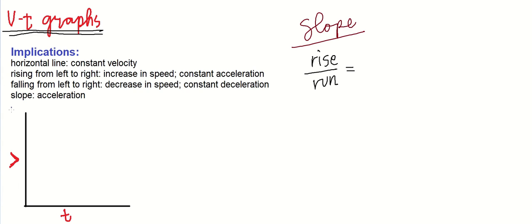Let me label this one first. So we have y, and then we have here the x. Tapos lagyan din natin ng graph mamaya. Okay, say we have this kind of graph. And also, oftentimes, there is a unit here, sige, lagyan lang muna natin ng meter per second, and then we have here for time, second. Syempre, if naka-meter per second si velocity, dapat yung time niya is in seconds.